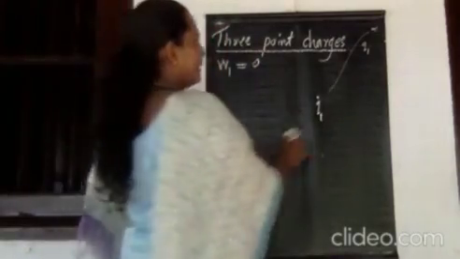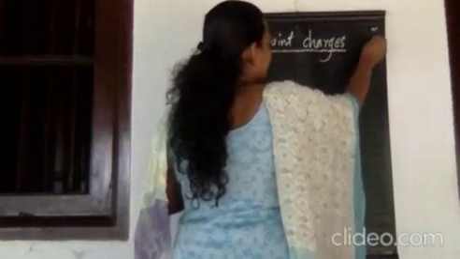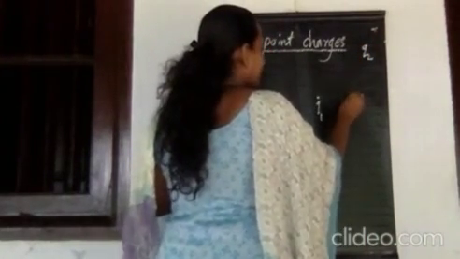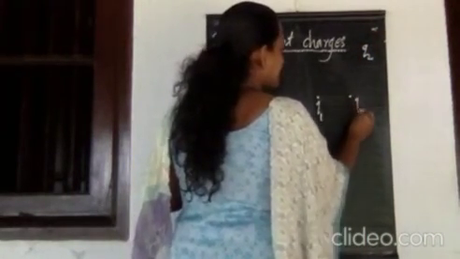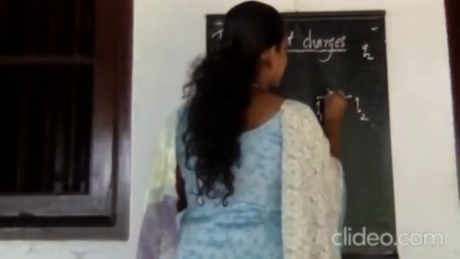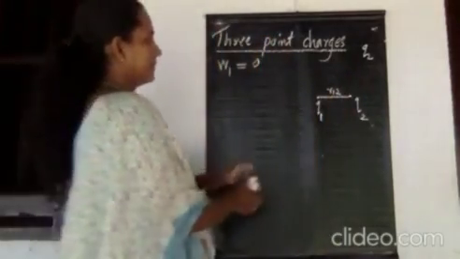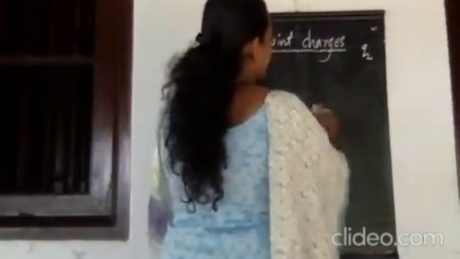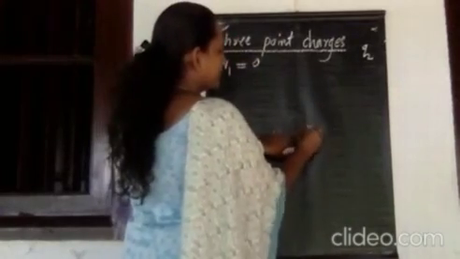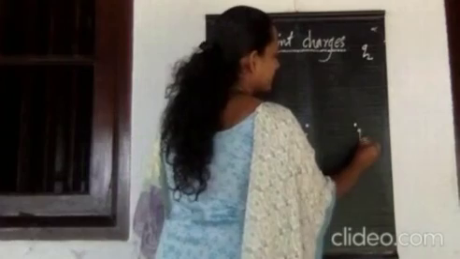And next, which charge are we bringing? The charge Q2 is coming from infinity to a given point P. Therefore, these two are separated by a distance of R12. First charge Q1, second charge Q2.